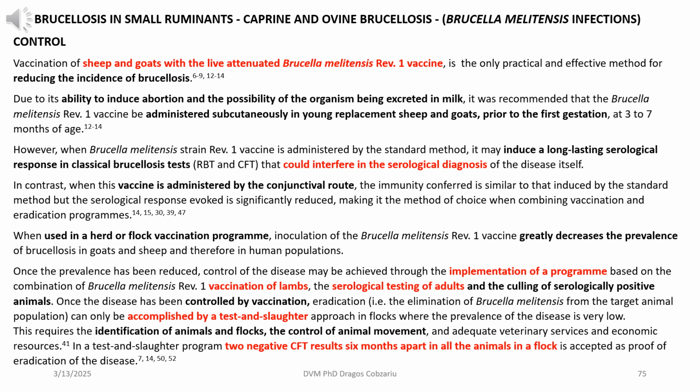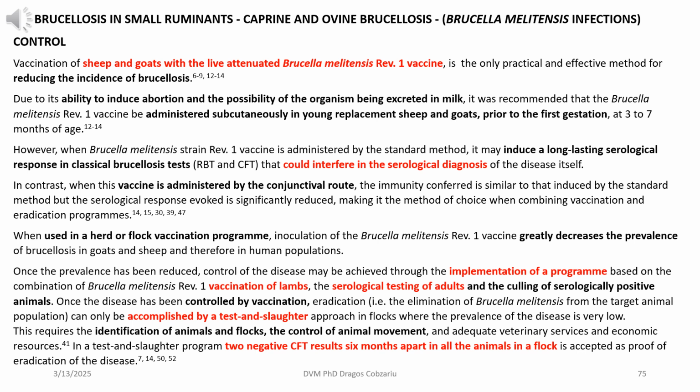In contrast, when this vaccine is administered by the conjunctival route, the immunity conferred is similar to that induced by the standard method, but the serological response evoked is significantly reduced, making it the method of choice when combining vaccination and eradication programs. When used in a herd or flock vaccination program, inoculation of the Brucella melitensis Rev.1 vaccine greatly decreases the prevalence of brucellosis in goats and sheep and therefore in human populations.